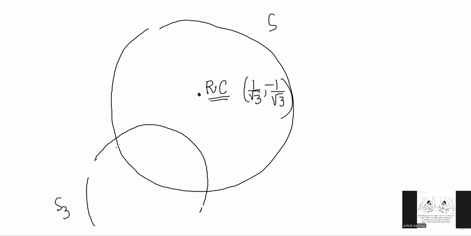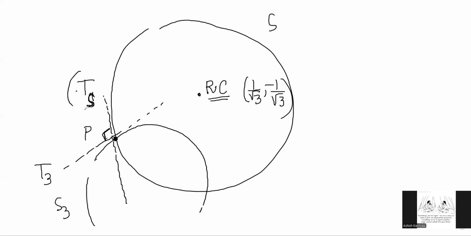Now, what is the meaning of orthogonal intersection? It means at the point of intersection, the tangent to S circle is perpendicular to the tangent to S3 circle. At point P, this is the tangent to the third circle, and this is the tangent to the first, S, right? And the angle between these two tangents is 90 degrees.